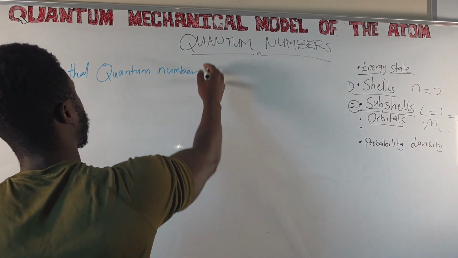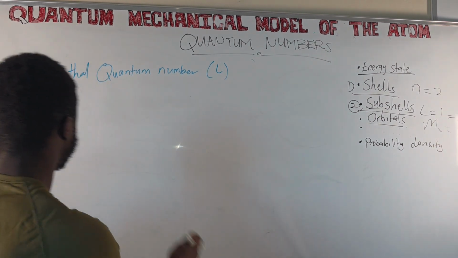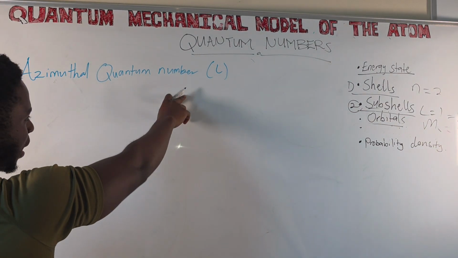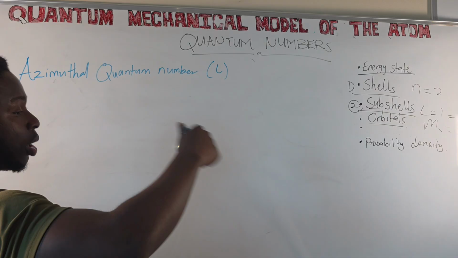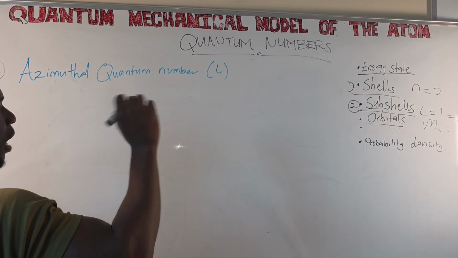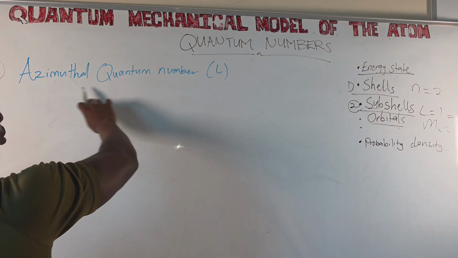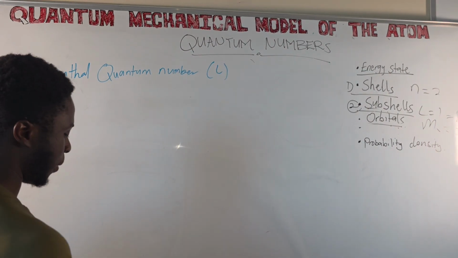And that is demarcated by the letter l. It is demarcated by l because the azimuthal quantum number is the same as the angular momentum of the electron, and angular momentum is represented by l.